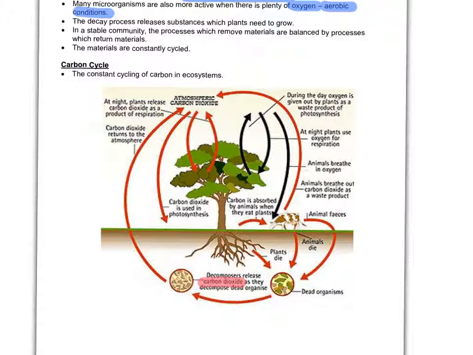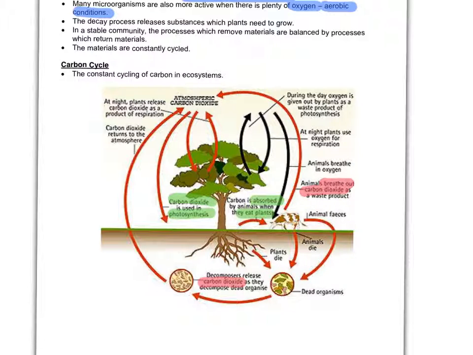Carbon dioxide is released when animals breathe out carbon dioxide as a waste product. Carbon dioxide is absorbed in photosynthesis. It is also absorbed by animals when they eat plants that have absorbed carbon dioxide in photosynthesis.